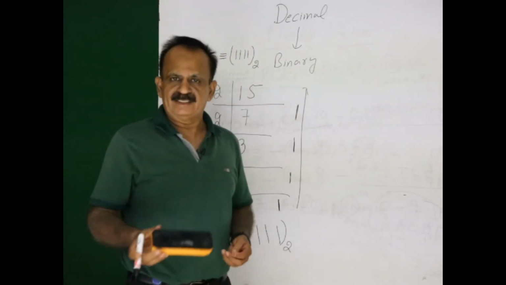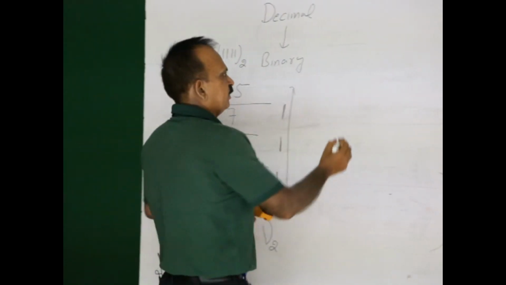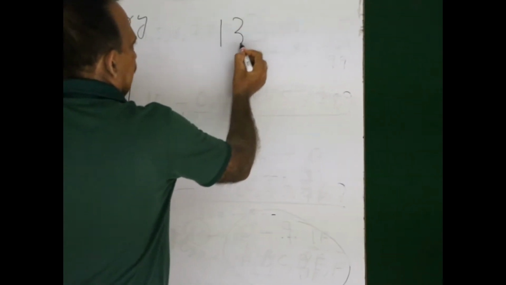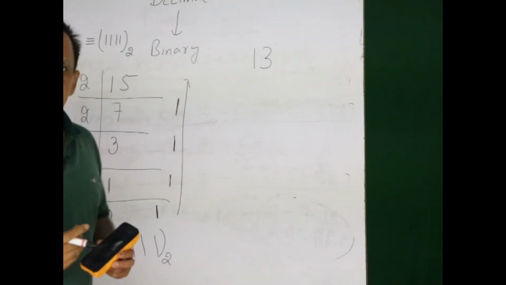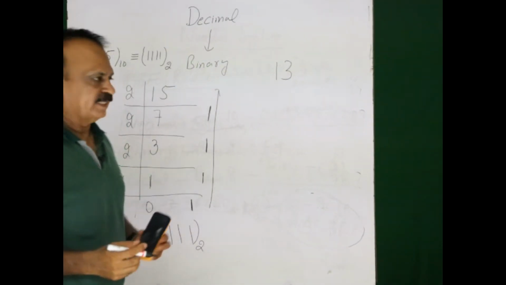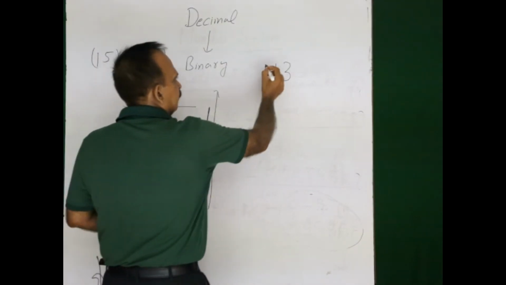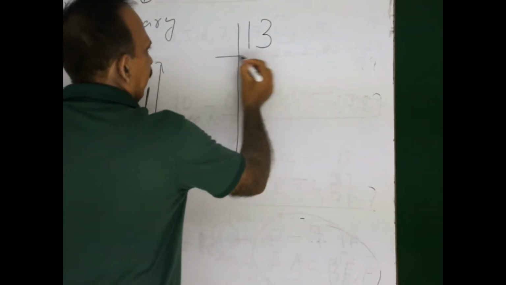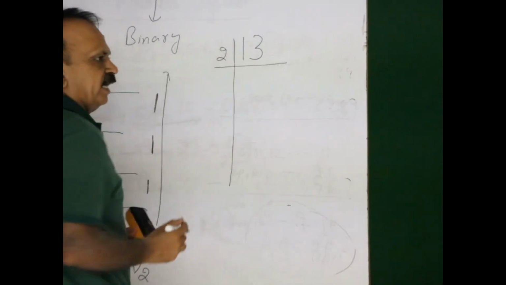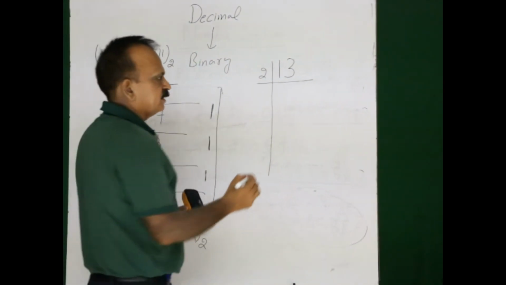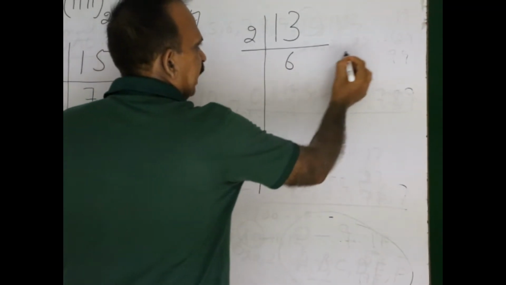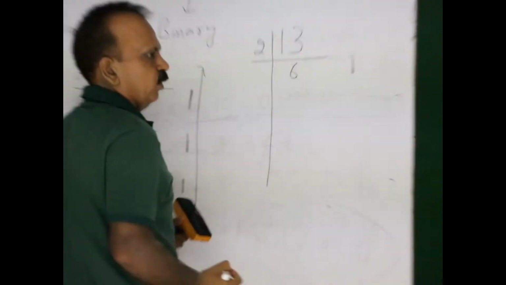I will take one more example. This time the example is 13. I want to convert 13 into binary. As I said, I will divide this number by 2 and write down the remainder. This time the quotient will be 6 and the remainder is 1.